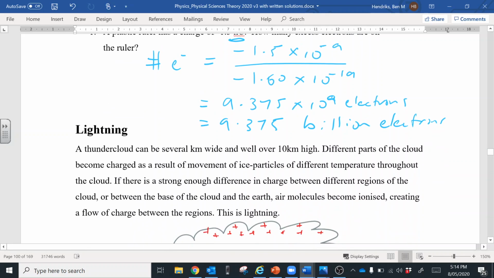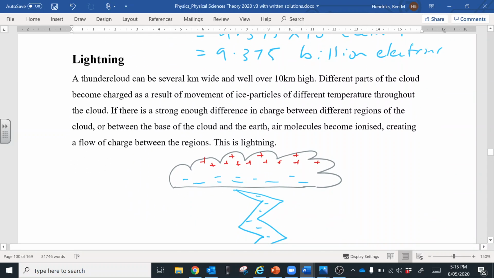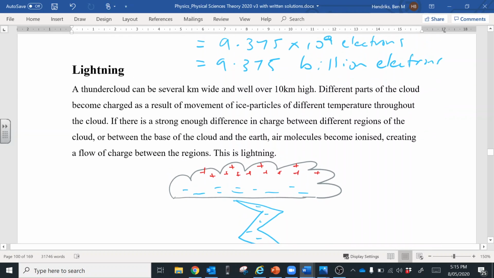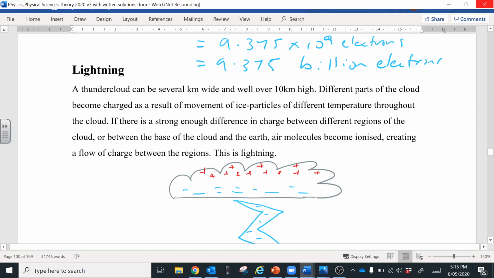Okay, and I mentioned lightning in the previous video. A Van de Graaff generator creates artificial lightning, little sparks that go through the air. So we'll read through what lightning actually is. A thundercloud can be several kilometers wide and well over 10 kilometers high.